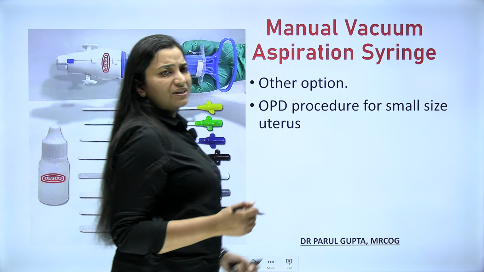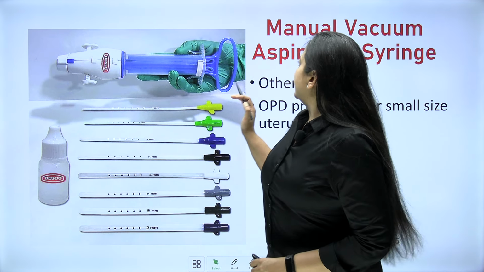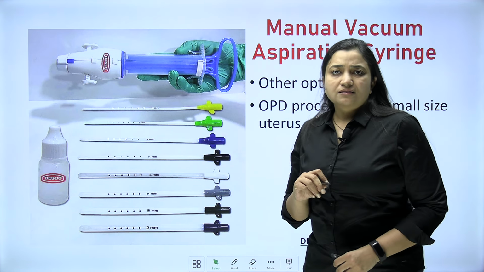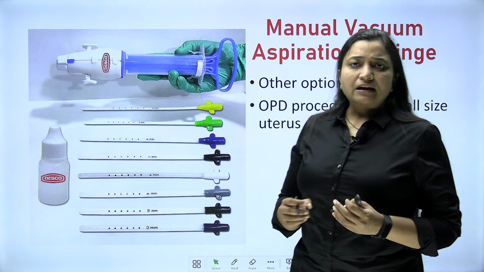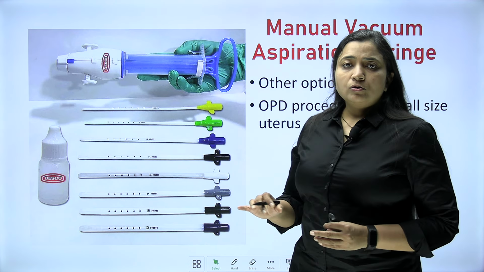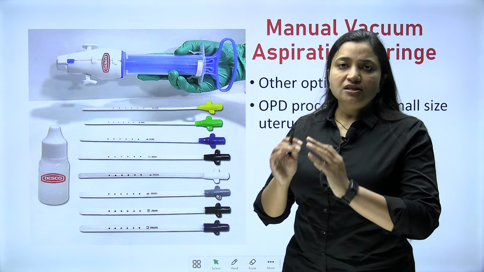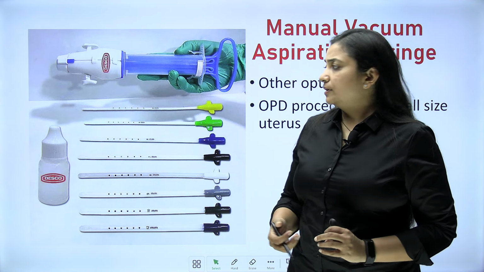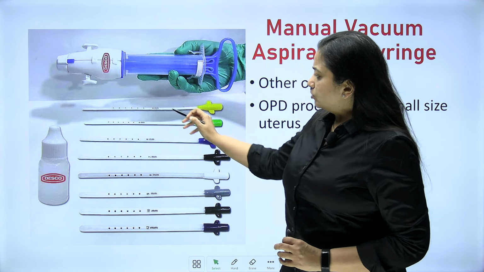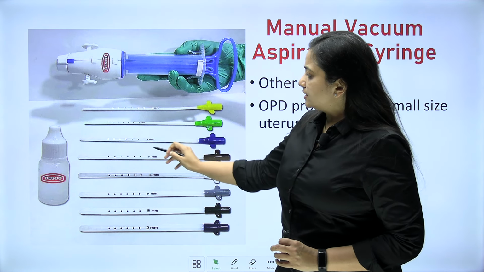Now, there is also the manual vacuum aspiration syringe. It can be an OPD procedure which can be done with minimal anesthesia or sedation. If you do not want to go for the suction cannulas and suction tubing, a handy thing is available, which is this, a big syringe with cannulas. You can read 4 mm, 5 mm, 6 mm.